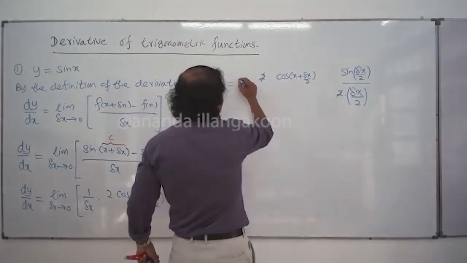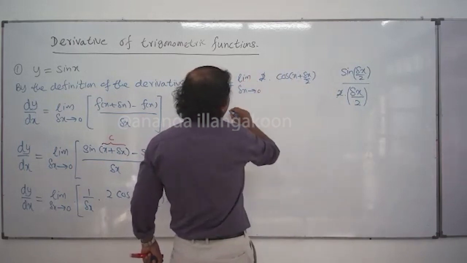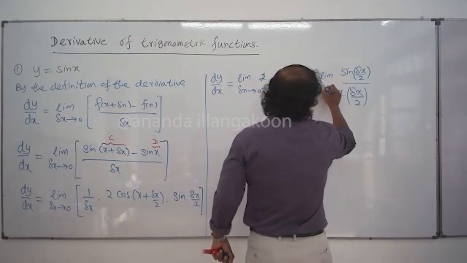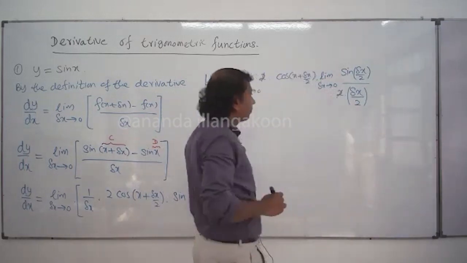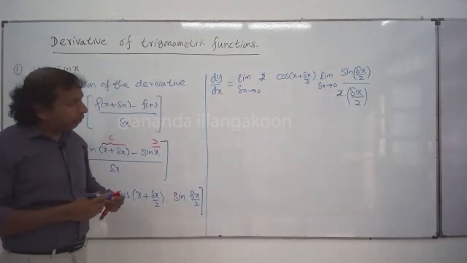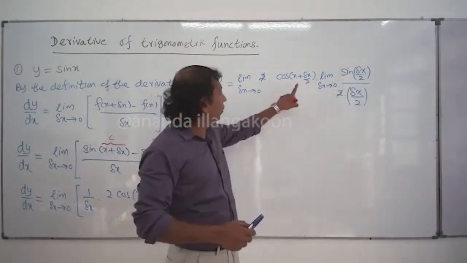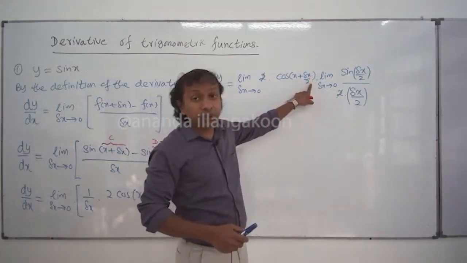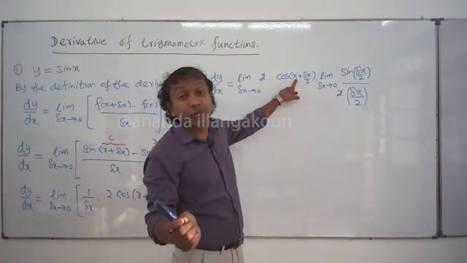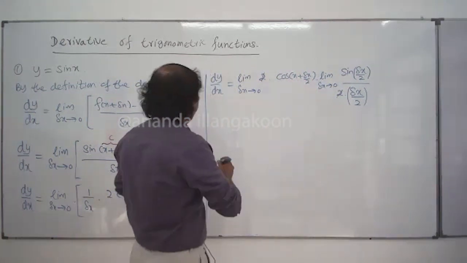Limit delta x going to 0, and here also limit delta x going to 0. Understand? Now here you have delta x. When this delta x goes to 0, this is 0. 0 divided by 2 is 0. Then we have within bracket x. You know this x won't change due to delta x going to 0. Then this is cos x.